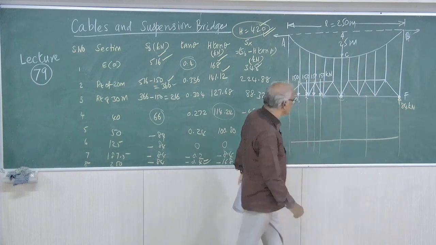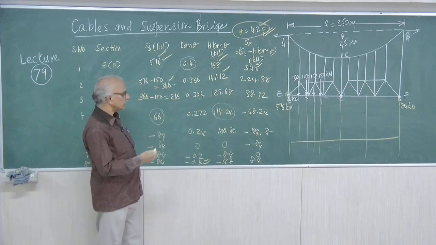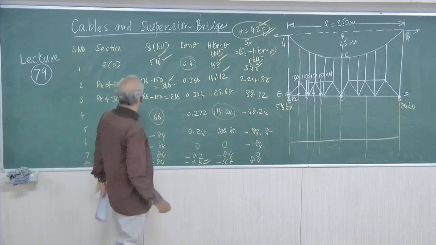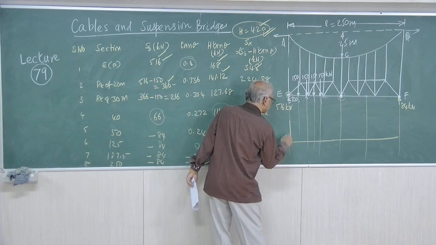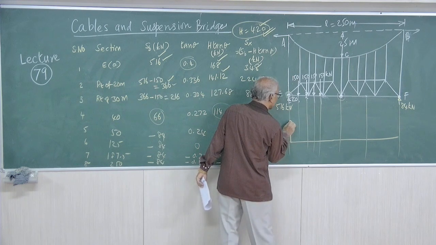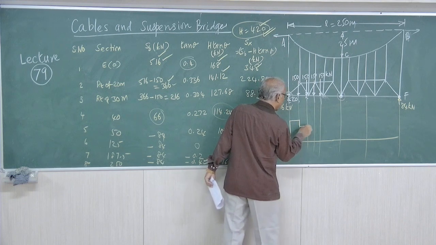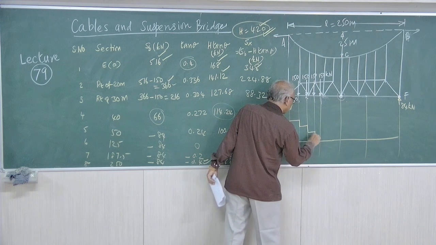You can use thin lines, that is only for convenience. Now this is 516, here it is 516, and here there is no load, then 150, again no load, again 150.